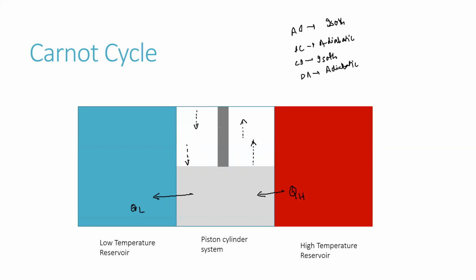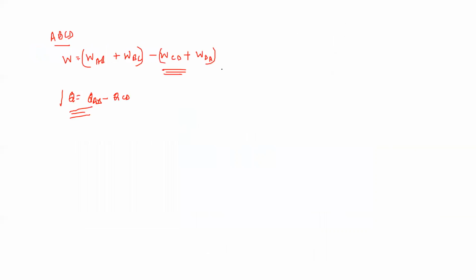Throughout this cycle, the net work done, we'll call W. So this entire system, this is my system, this is my high temperature reservoir, and this is my low temperature reservoir. This system I can reduce to something like this.